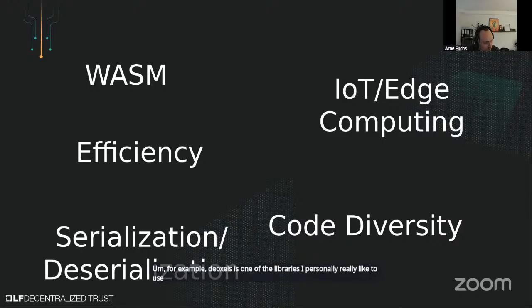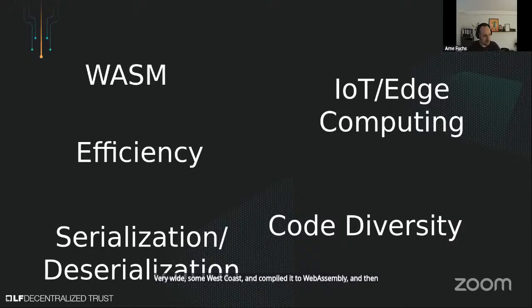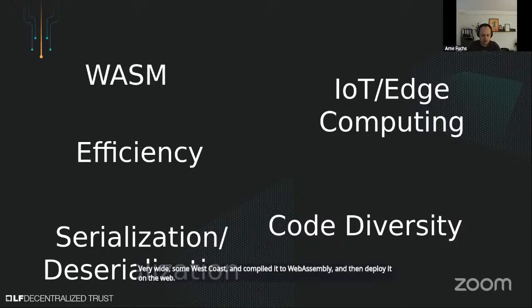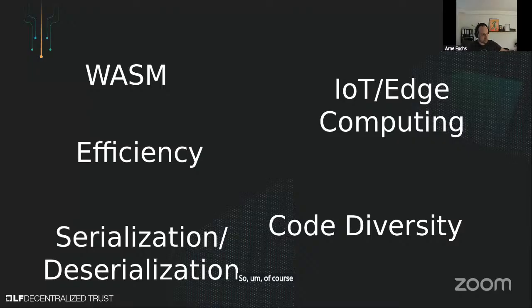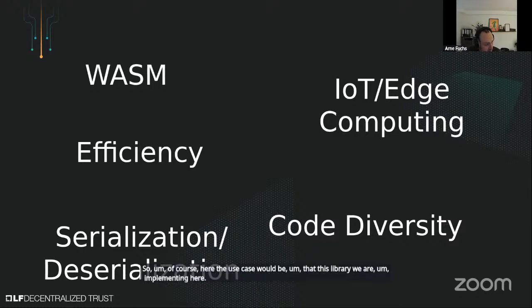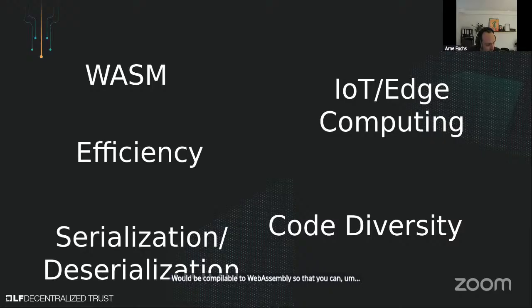Egui is another, where you write some Rust code, compile it to WebAssembly and then deploy it on the web. So the use case here would be that this library we are implementing would be compilable to WebAssembly so that you can sign your messages in the browser on the edge and don't have a man in the middle in there.